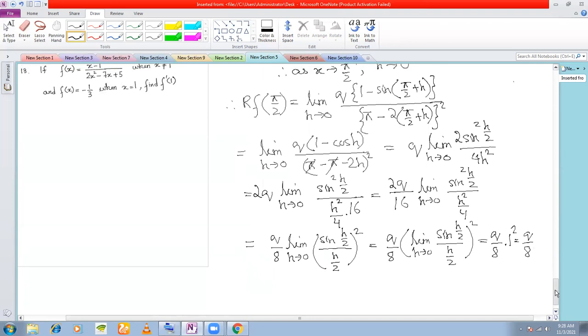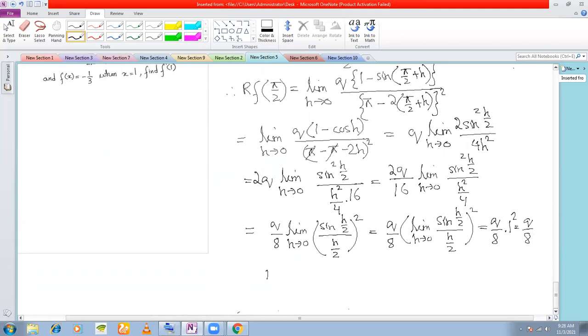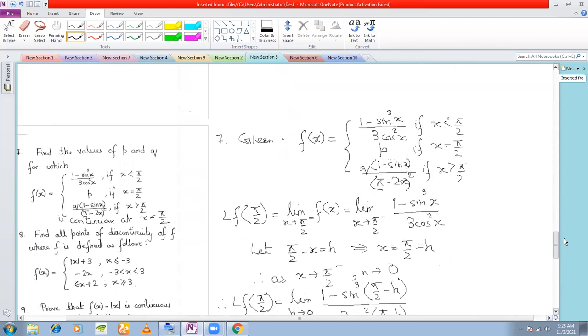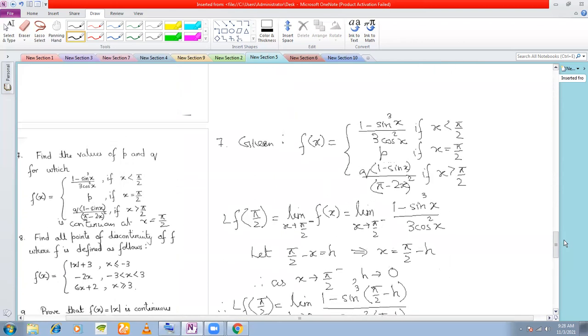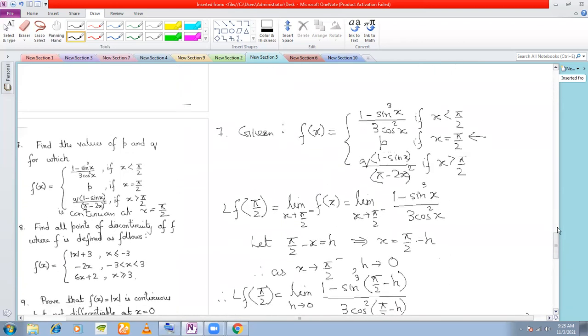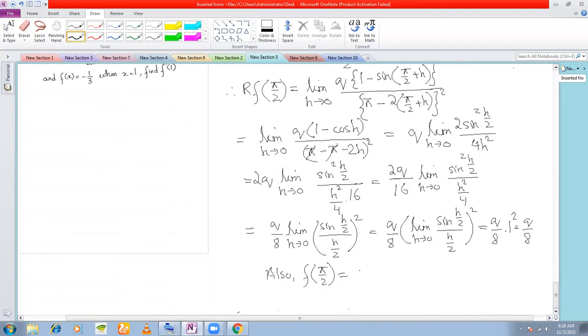Okay, so we have found the right hand limit also. Now only left is the value of the function at x is equal to pi by 2. So f pi by 2 is how much? If you look at the function, at x is equal to pi by 2, the value of the function is p. So f pi by 2 is equal to p.